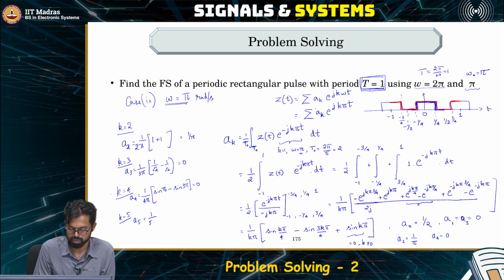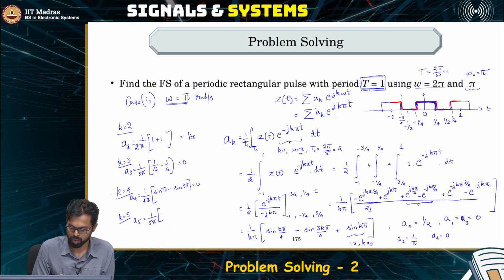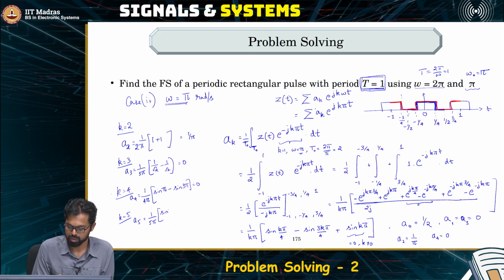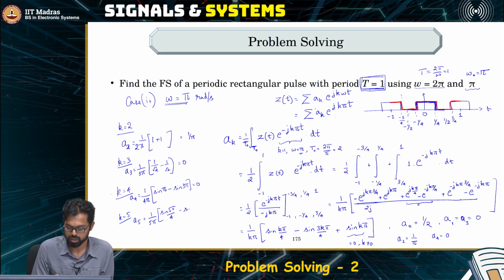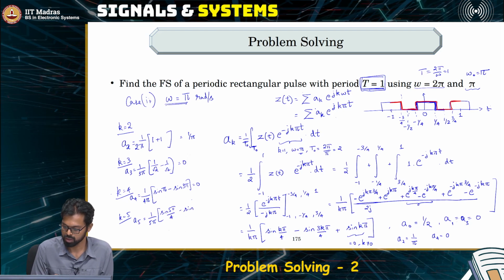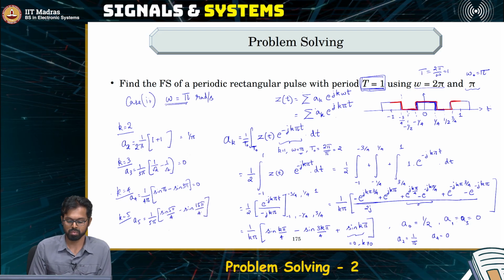It is 1 by 5 pi sine 5 pi by 4 minus sine 15 pi by 4. So what is this?